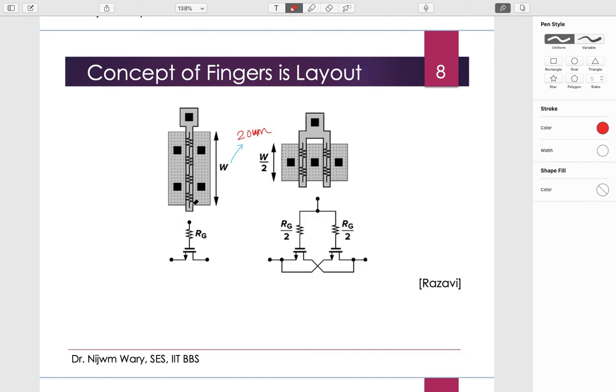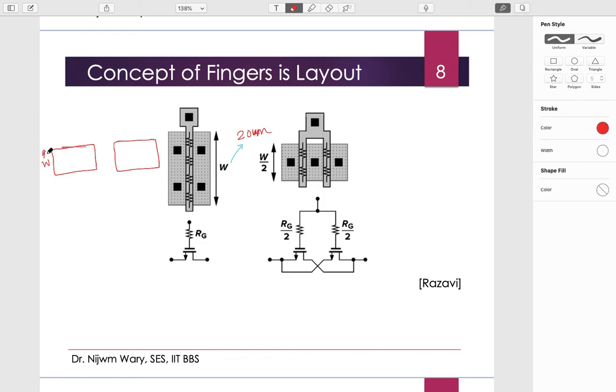To solve this issue, if I have to design a big transistor, it is split into two parts. W is divided into 2. The easy way to understand this is, if I have this transistor, I can make two transistors, dividing it into two halves.